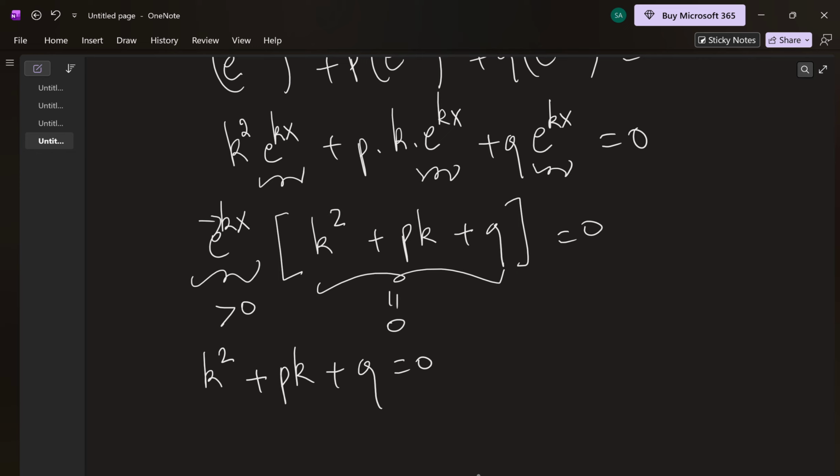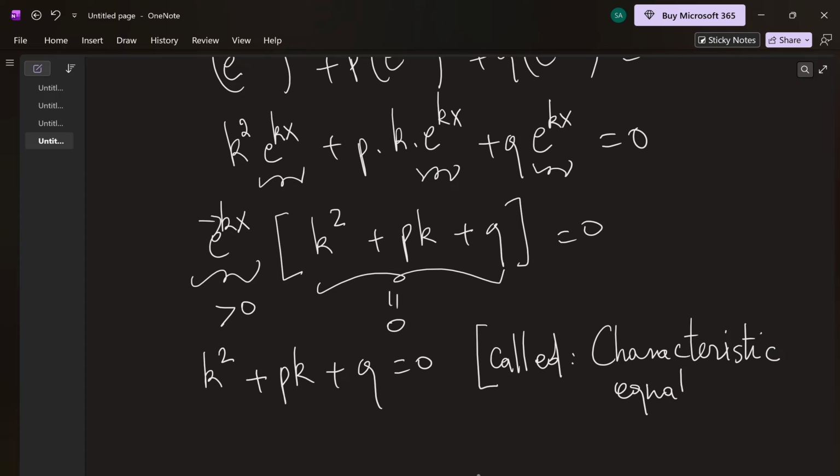I have to tell you that we call it the characteristic equation. This is called the characteristic equation.